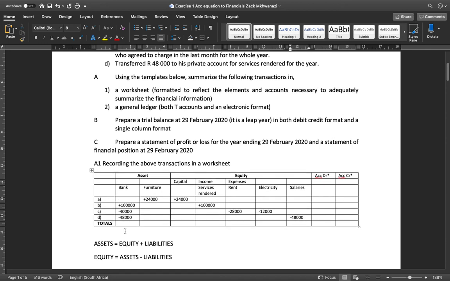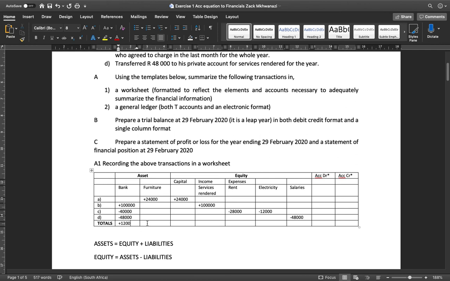Finally, we can balance off this thing. Now remember, this company or this enterprise, the sole proprietor business, started this year. So if I go and add this all up, we got 100,000 Rand in. We pushed out 88,000, which leaves a balance of 12,000.